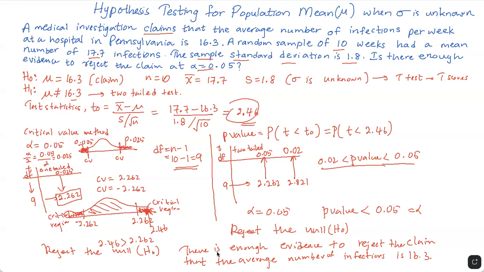We write down our conclusion like this because our claim is the null hypothesis. So that's why we write there is enough evidence to reject the claim that the average number of infections is 16.3. So that's how we use the t-test to make the decision in this kind of hypothesis testing.